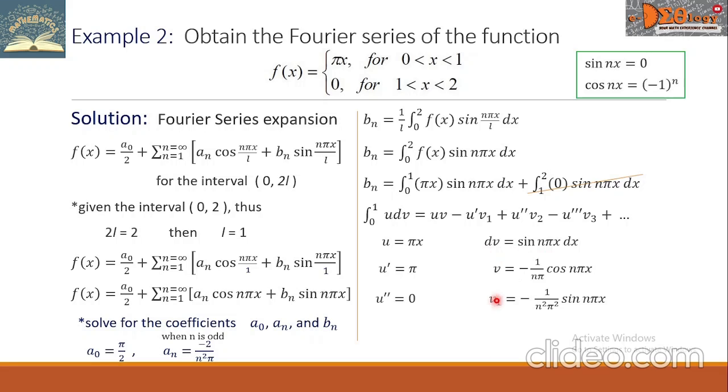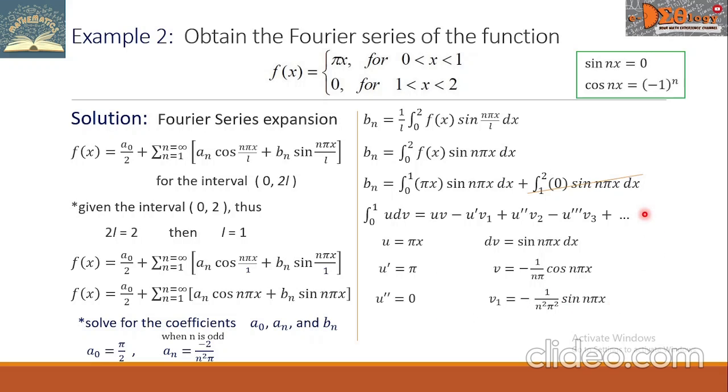The integral of dv is v, which equals the integral of sine n pi x dx, negative 1 over n pi times cosine n pi x. The integral of v is v sub 1, which equals negative 1 over n square pi square times sine n pi x.